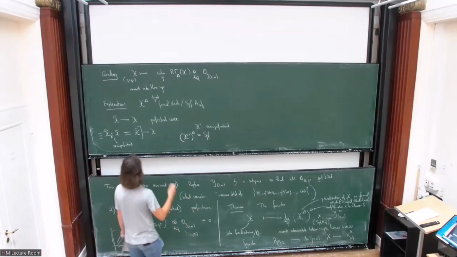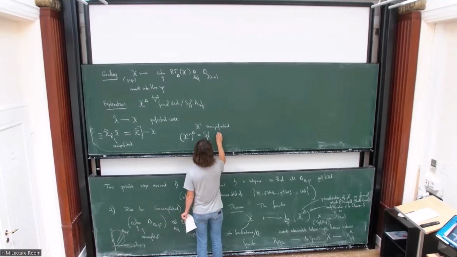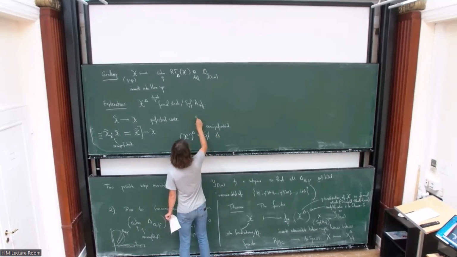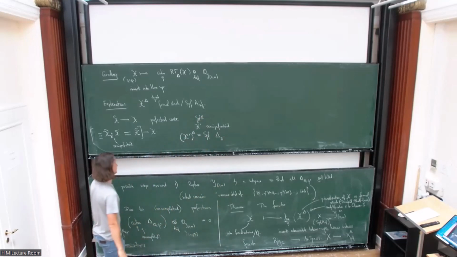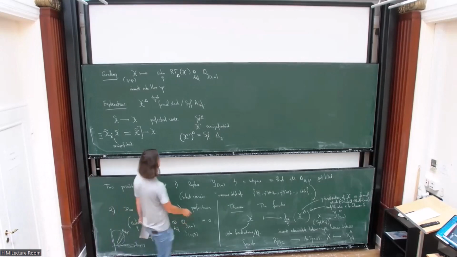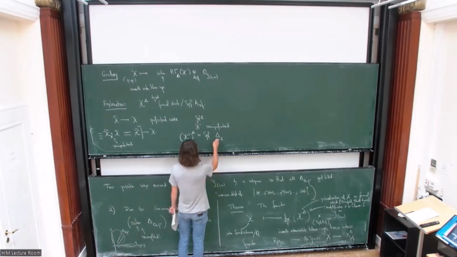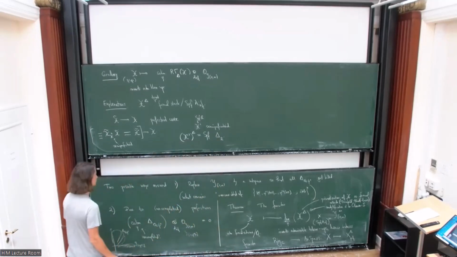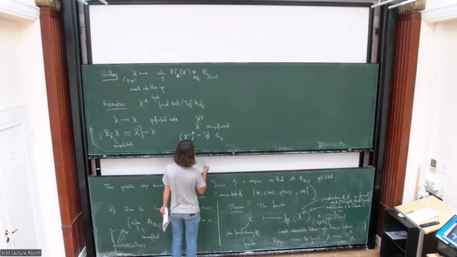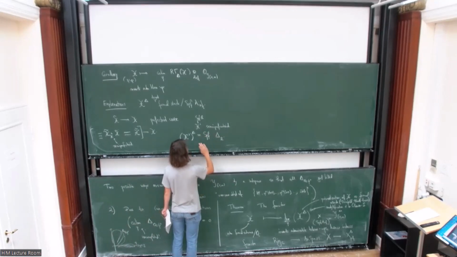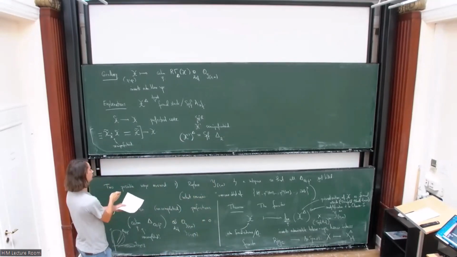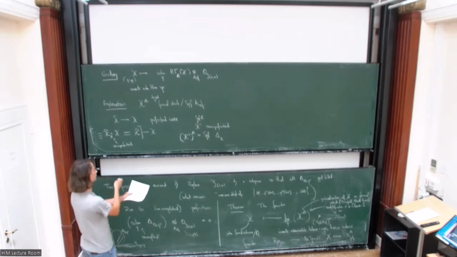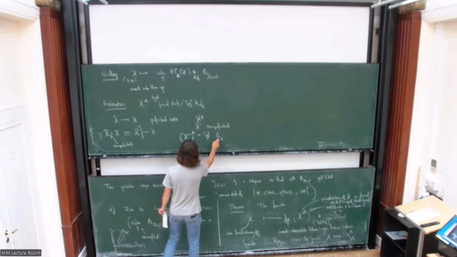It's actually just the Spf of something, and this is the Spf of some prism of R, which is usually more derived, and it's just the universal prism mapping into R. The initial object is the prism of R.